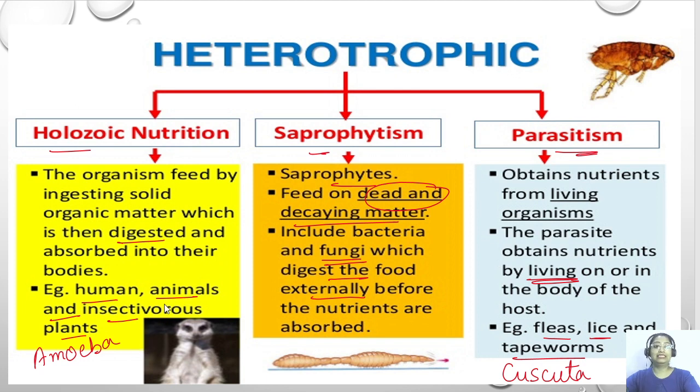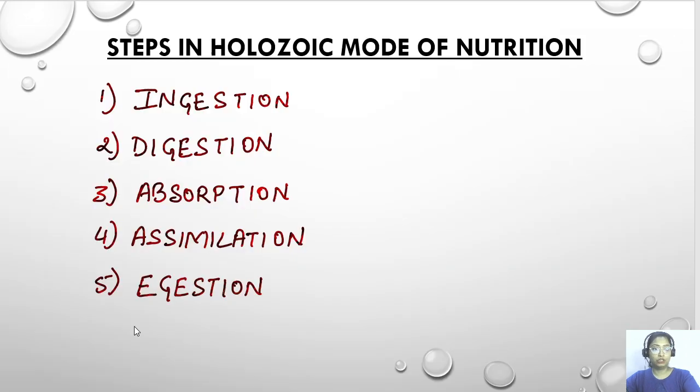Now let's discuss in detail the holozoic mode of nutrition. It has 5 steps: ingestion, digestion, absorption, assimilation and egestion. Ingestion means taking in food. Digestion means breaking down the complex food into simpler ones.